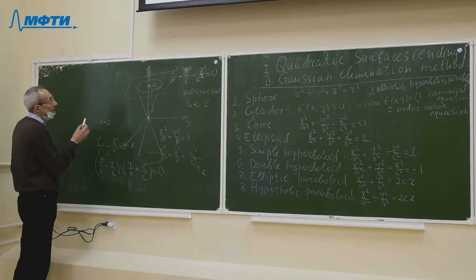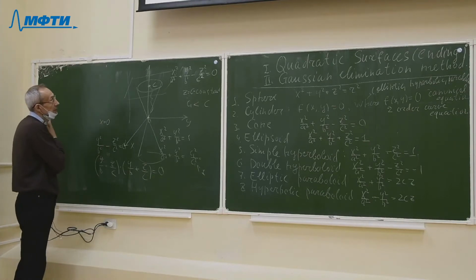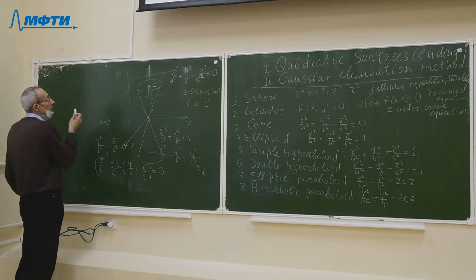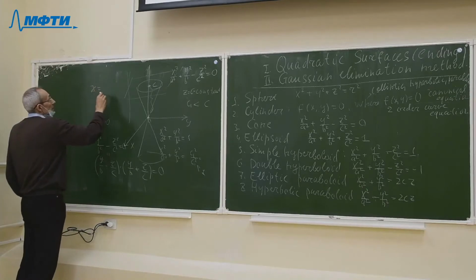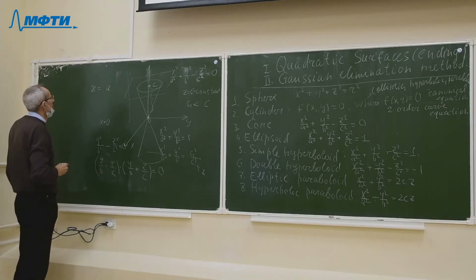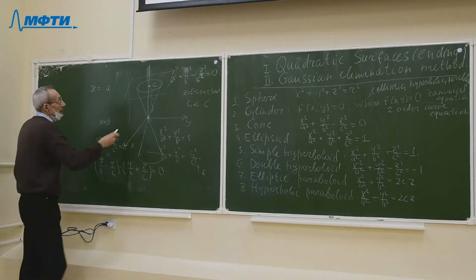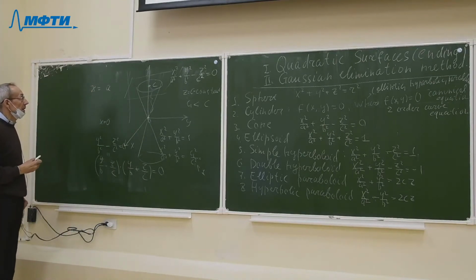if you put, for example, x is equal to some constant, for example, x is equal to a, in this case we obtain the equation of the hyperbola.